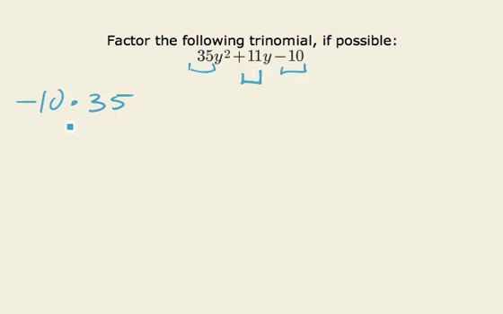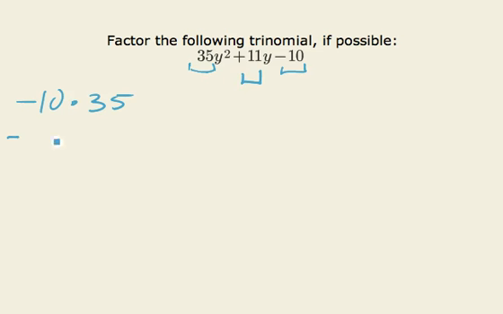So I'd like to come up with two factors of this product, -10 times 35, so -350, two numbers who sum to 11. Instead of working with -350, what I'd like to do is break these up even more. I'm interested in factors. I want two factors.